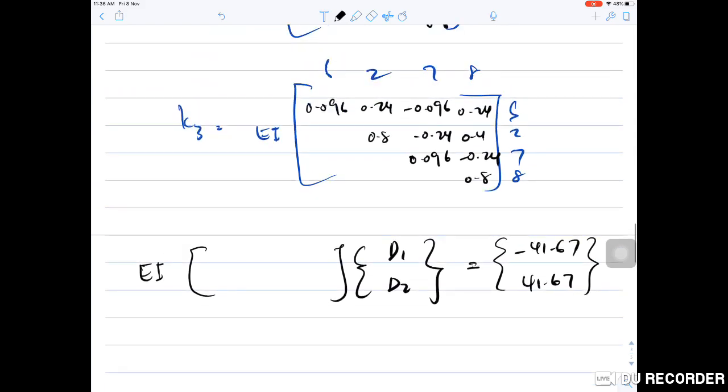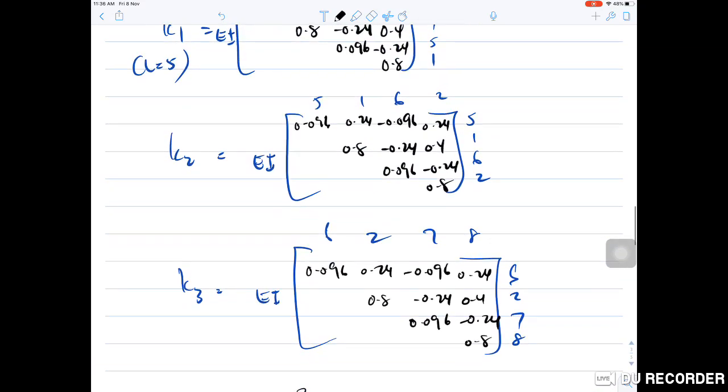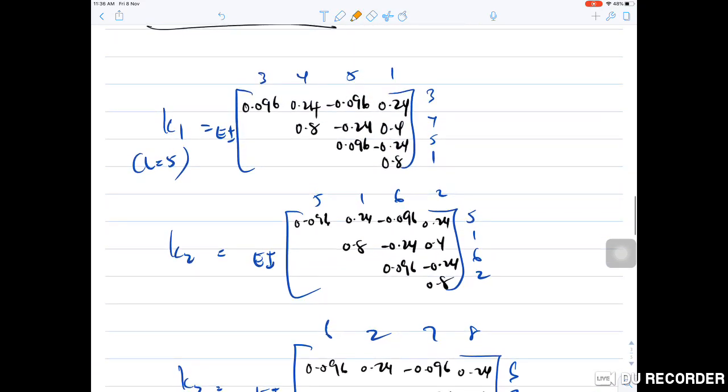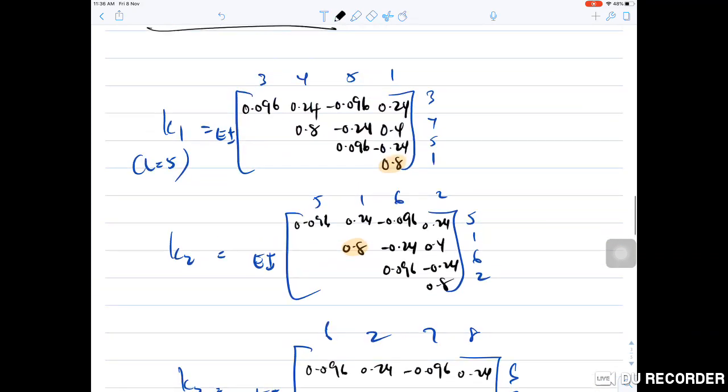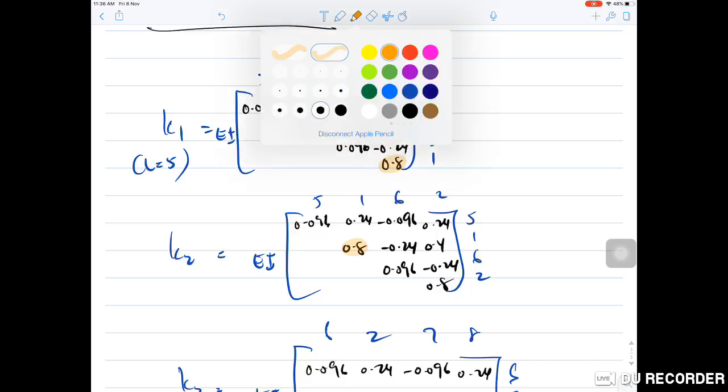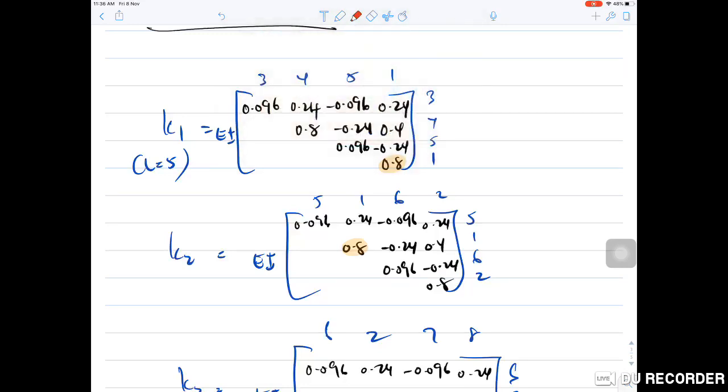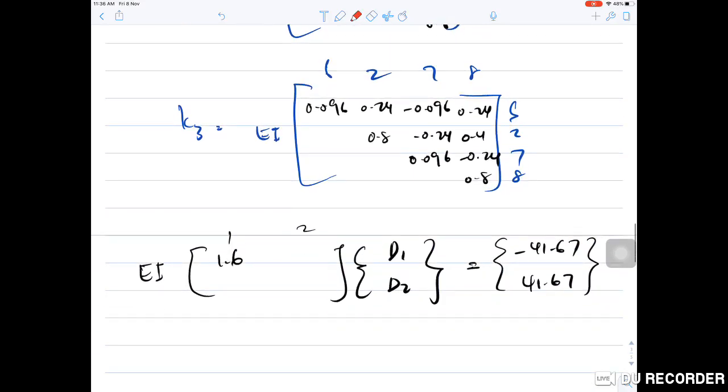So this is 1 and 2. Please find the value for 1 1: 0.8 plus 0.8 is 1.6. Then 1 2 is 0.4.